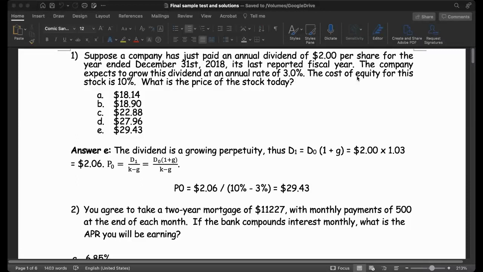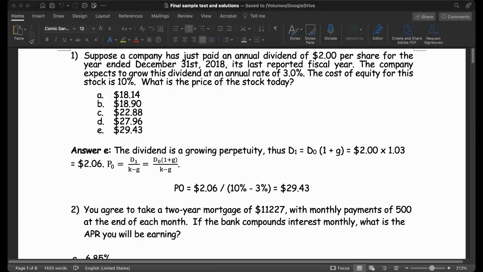We also see a cost of equity of 10%. This stock return or cost of equity, you can use either k or r to stand for this, will be 10%.